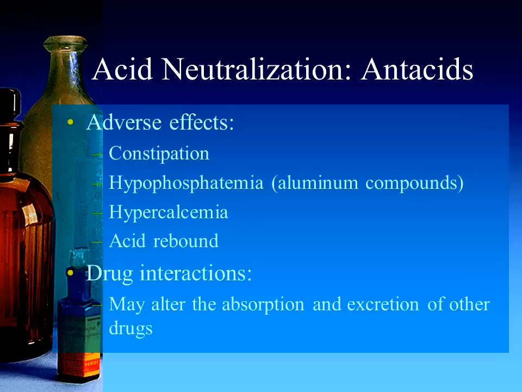And what acid rebound is, is that as the pH of the stomach increases, becomes more alkaline, the secretory cells start producing more gastric acid. So they're trying to combat the fact that the pH is being elevated, so they're trying to kick out more acid.